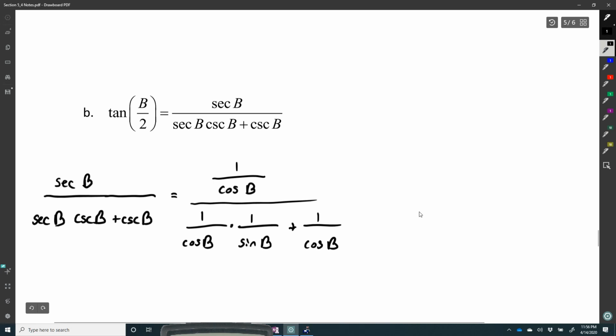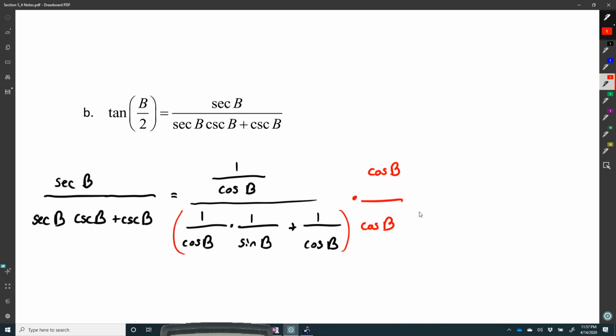Okay, so what I can do here is I can just do what I did earlier, multiply everything by cosine b over cosine b. And what happens is the cosines cancel. Well, let me go ahead and write it out. Remember, this is cosine over 1, cosine over 1. So if you were to distribute, you're going to get a lot of stuff where cosines cancel.